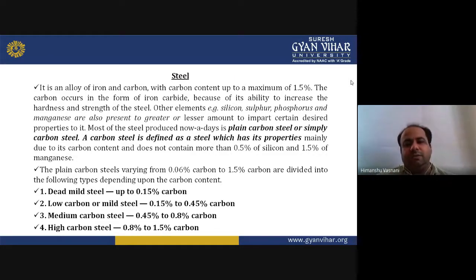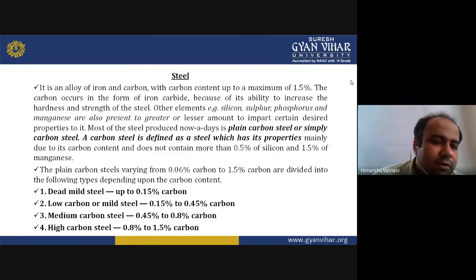Similarly, they will have effects on steel also, but it will vary from cast iron to steel. These elements will impart some property or other. And most of the metal produced nowadays is plain carbon steel, or simply carbon steel.